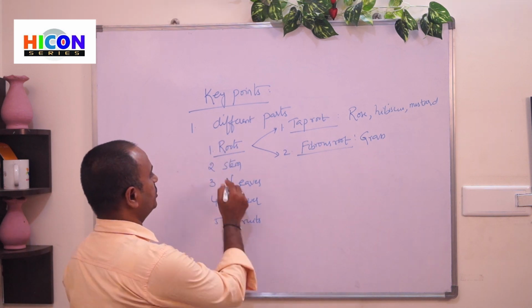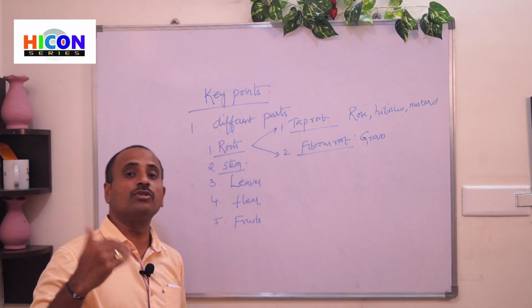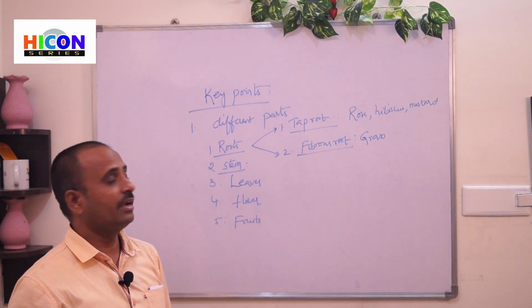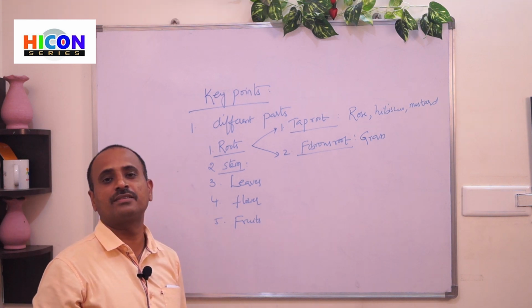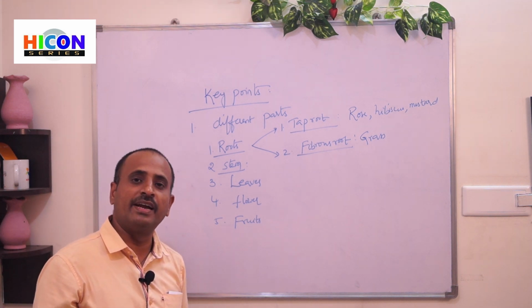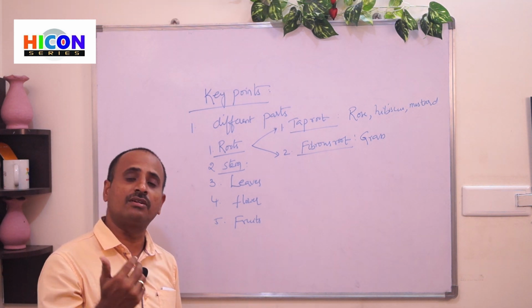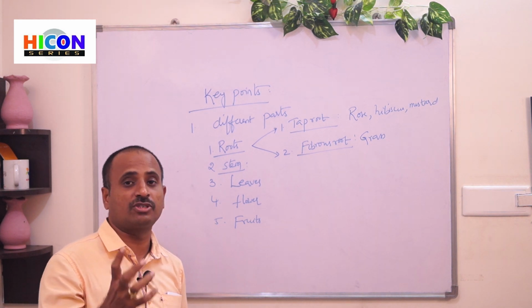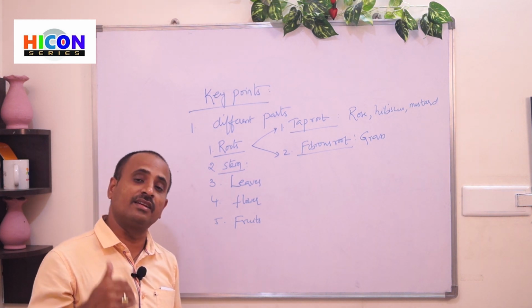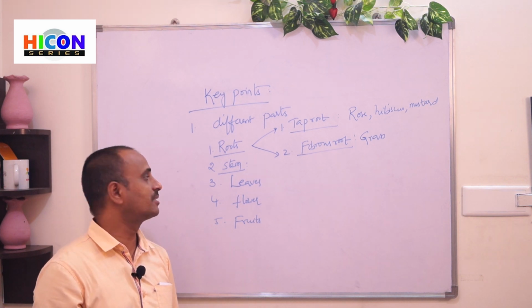And children, the next one is stem. The part which grows above the ground is called stem, and the stem is different for different types of plants.